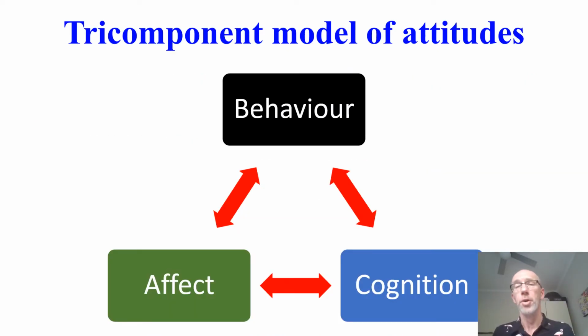So the tricomponent model breaks down attitudes into 3 key interrelated components, aka the ABC model: the affect, the behaviour, and the cognition.